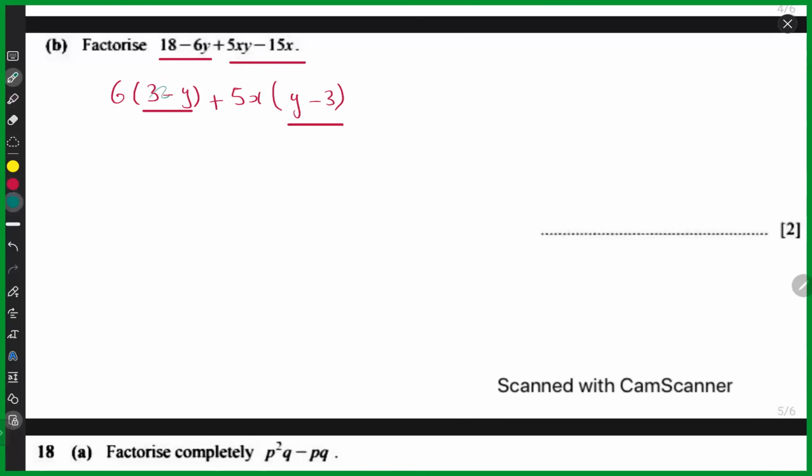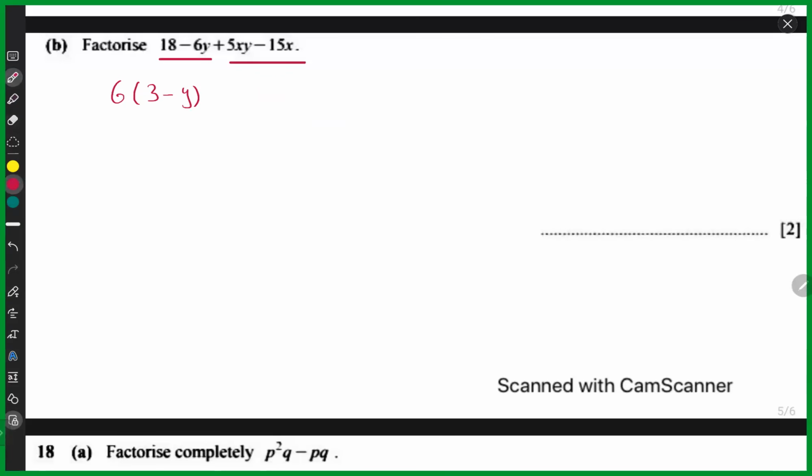Here I have positive 3 and here I have negative 3. So they are certainly different and we need to make sure that these two brackets must be same, because once these two brackets are same, only then I can take this bracket common and only then I would be able to factorize it. Okay. So I need to factorize it some other way.